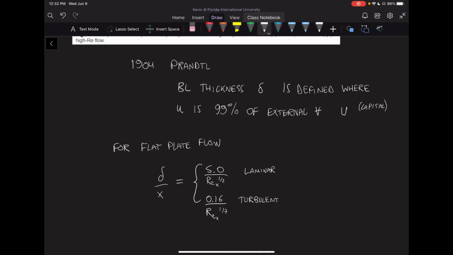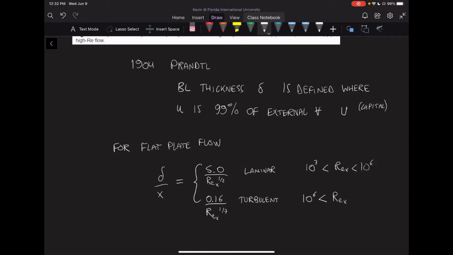Okay, and he defined laminar flow to be occurring between 10 to the 3 Reynolds x to 10 to the 6 Reynolds x. And he said that turbulent flow was any Reynolds number above 10 to the 6. Okay, so we can see the numbers are completely different.